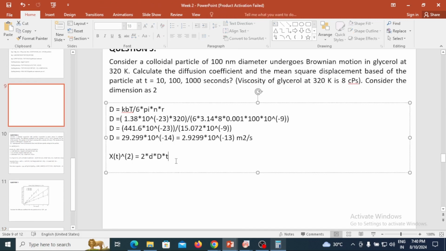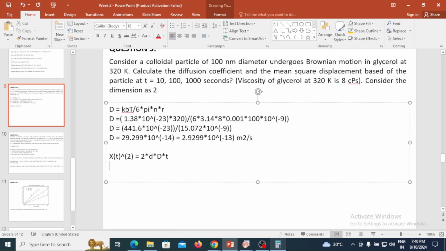The value of d here will be 2, it is given as 2. So that will make the equation 2 times 2 times D times t, so that will be 4 D t, right? 4 D t. So now you know D, you have t, you can calculate x of t.